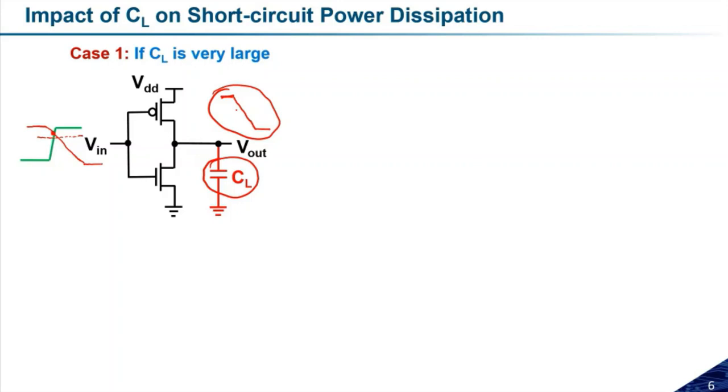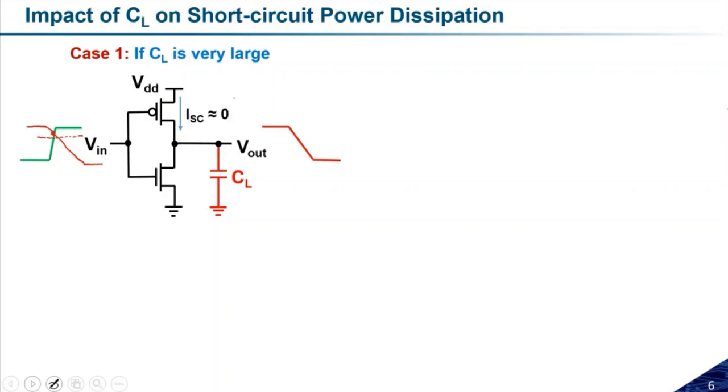If there is no short circuit current, it means that by increasing the size of CL, we can reduce the short circuit current flowing through the transistor, or through this circuit. So by increasing CL, we can reduce this ISC. The waveform will look like this, and the ISC flowing through this will be reduced to 0.